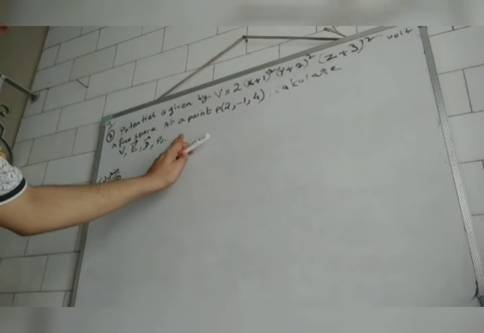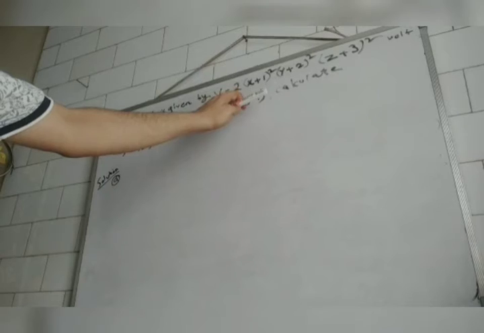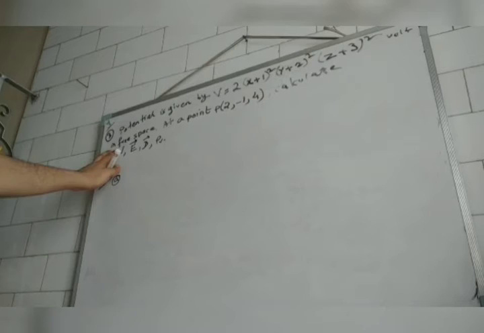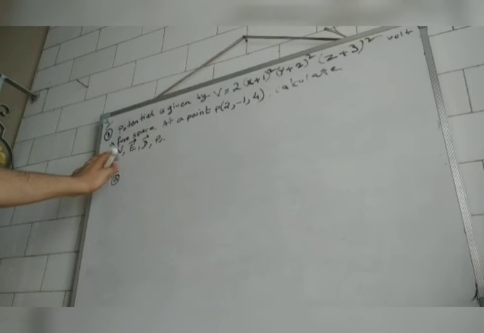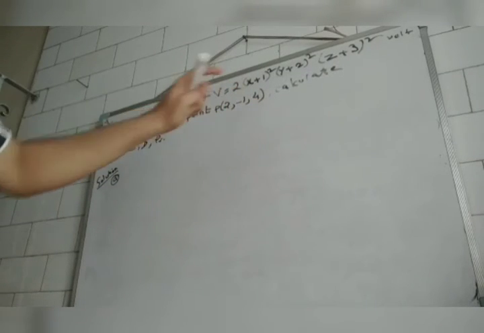And here we have another problem. Here the potential is given, V is equal to 2x plus 1 whole square, y plus 2 whole square, z plus 3 whole square, and this potential is in volt. And this potential is in free space. You are asked to calculate the potential at the point 2, minus 1, 4.